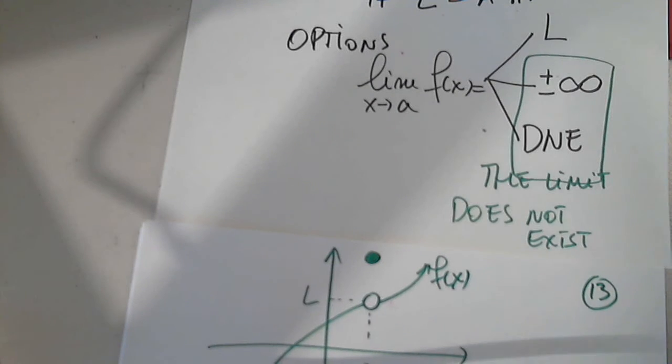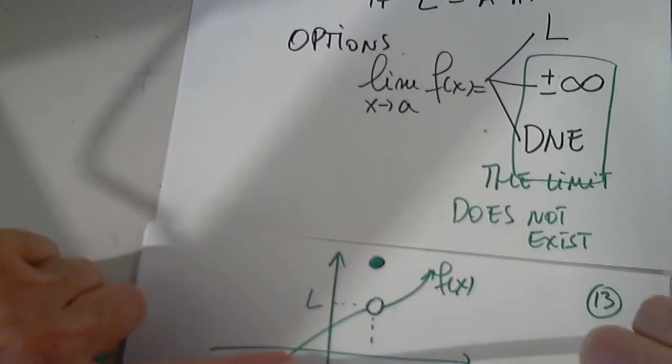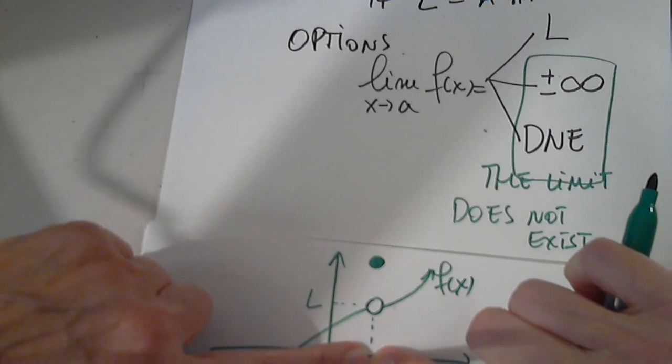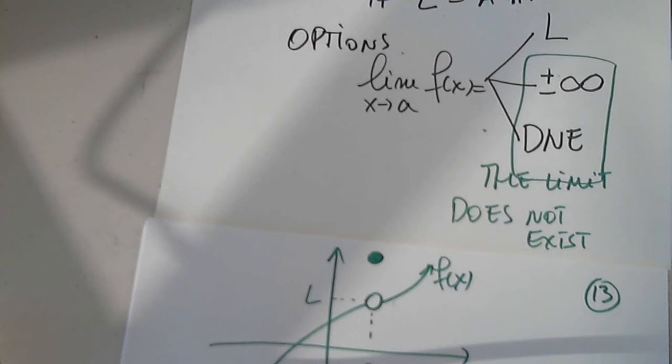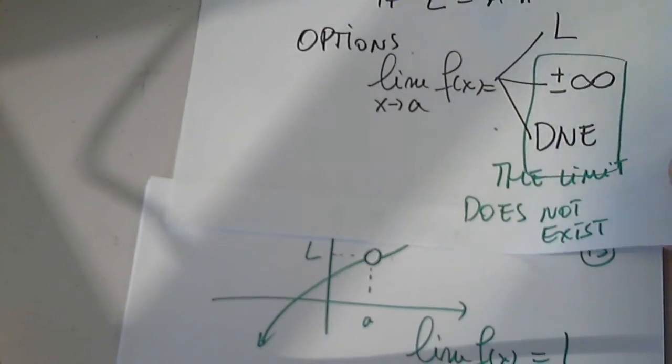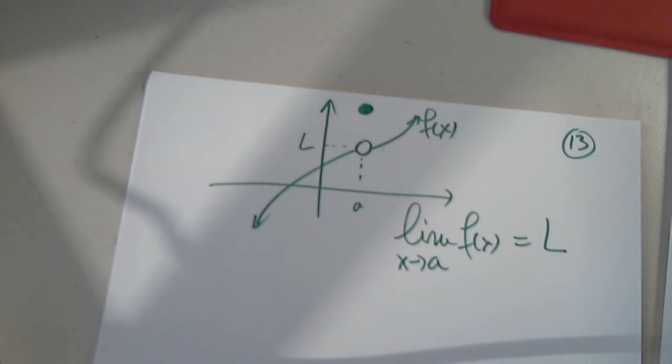It doesn't matter. As long as both sides approach the same number, and x approaches a, it does not equal a, for sure. When we say approaches a, we mean it does not equal a. So this is the limit of f of x as x approaches a from either side, still L. Still exists.